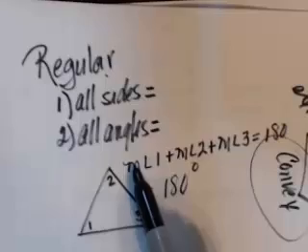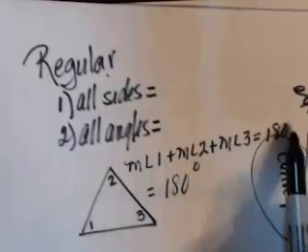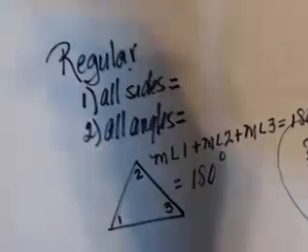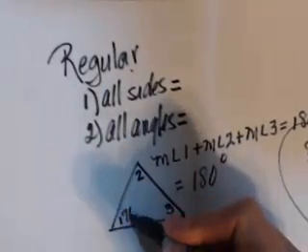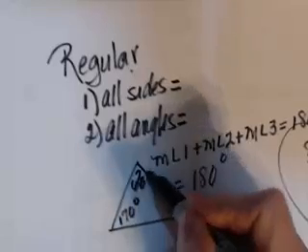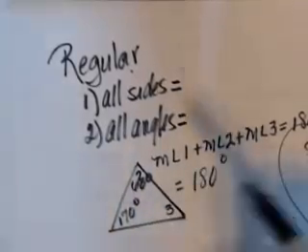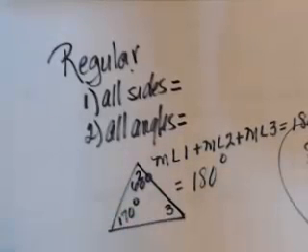And remember, when I use measure, I do not use the degree sign. But if I'm talking just about the degrees, this is 70 degrees, this is 60 degrees, then I can use the degree sign. But as an equation, the degree sign is not used.